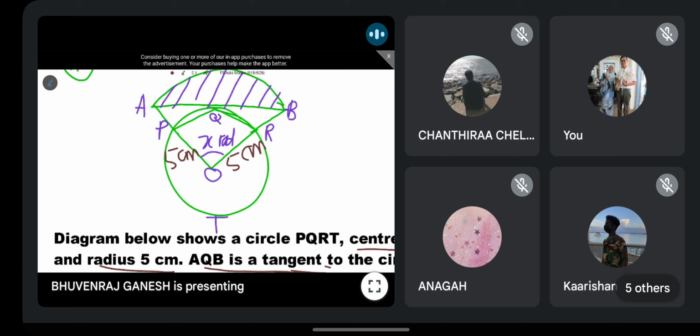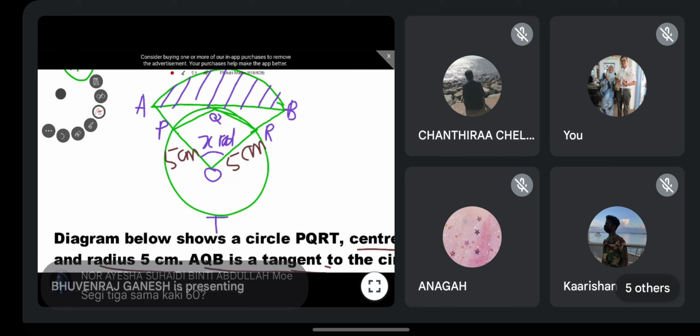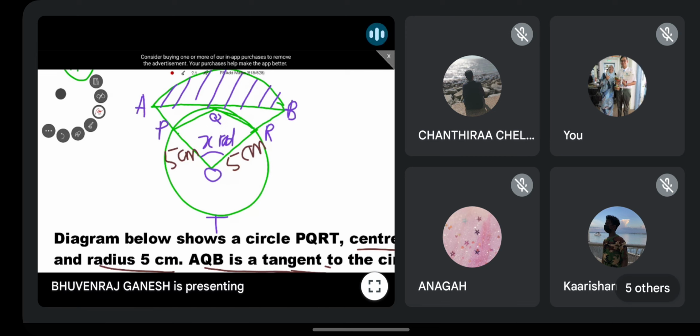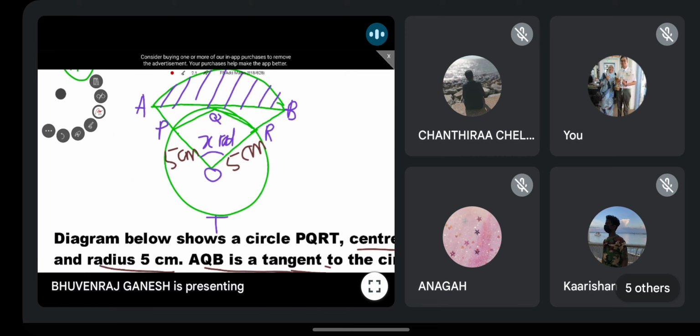Rhombus. Okay, yes, you can start with the rhombus, correct? So what will you do to the rhombus? Apa kamu akan buat? What is your step? Segitiga sama kaki. Sama sisi baru 60 darjah.